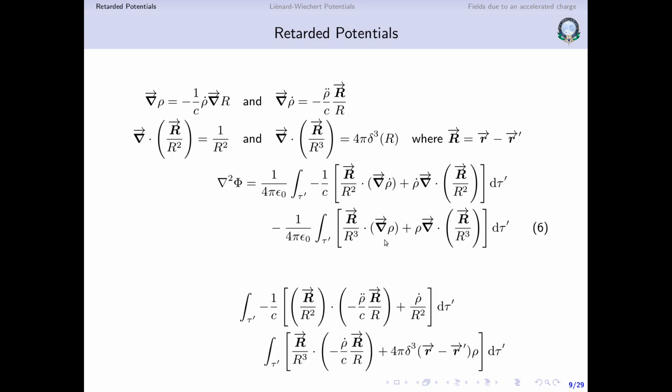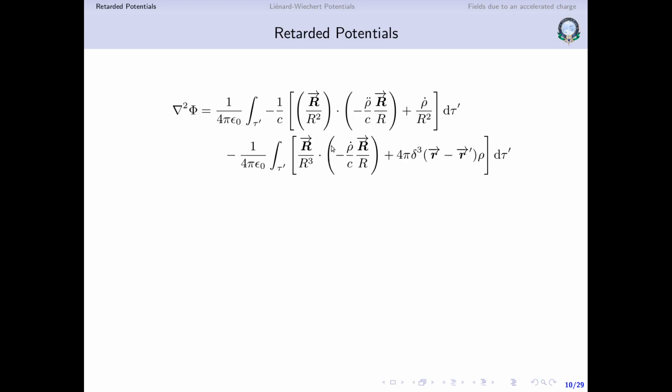In a similar way, we have gradient of rho, which is equal to minus 1 by c rho dot into gradient r, and gradient r is equal to vector r by r. We substitute here, and then we have the divergence of r by r cube, which is equal to 4 pi into the Dirac delta function evaluated at r minus r prime. This is what we get, and this is equation number 6, modified using these 4 results.